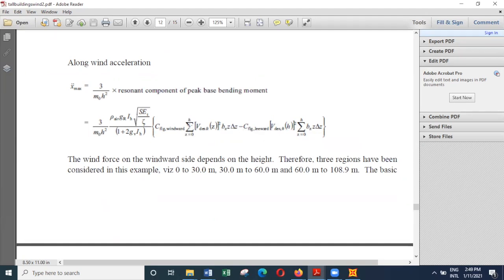Now we want to find this particular value, and so then it says the width, distance, dz.